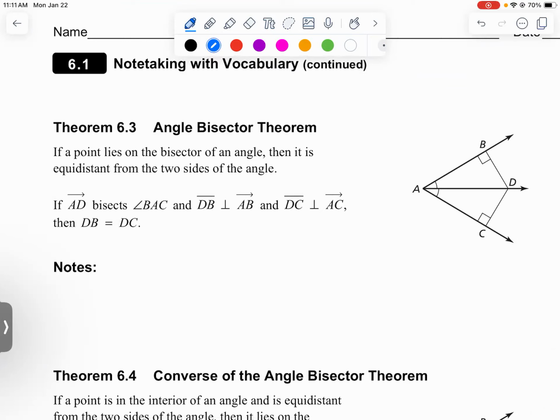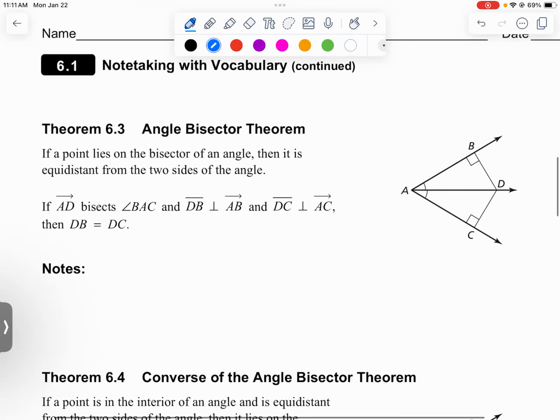Okay, so angle bisector means we have a line or a ray cutting our angle in half, right? If a point lies on the bisector of an angle, then it is equidistant from the 2 sides of the angle. What does that mean?